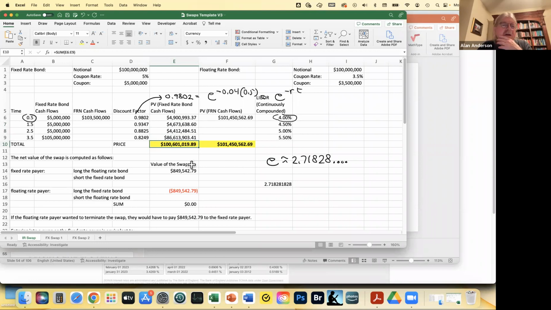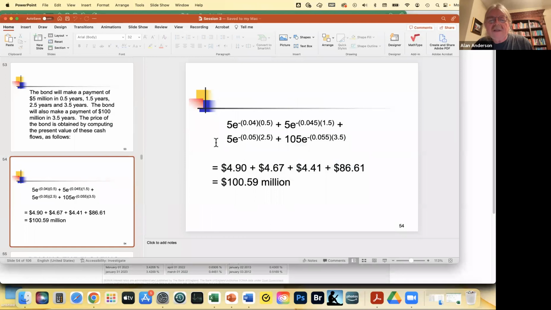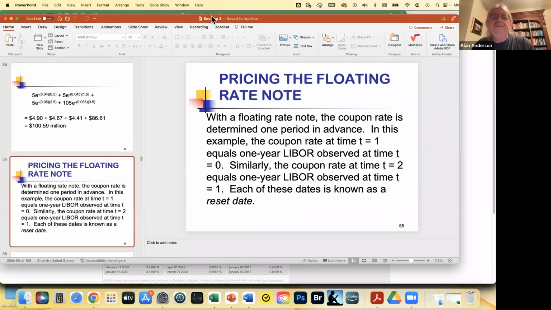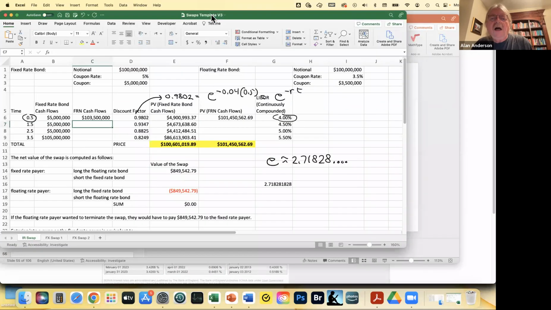Now, the floating rate bond, we don't know what the future cash flows will be, but we do know that the value will reset every year, and it will then have a value of exactly $100 million. So it turns out that the only number we need, you know why? Because the bond was issued 6 months ago.